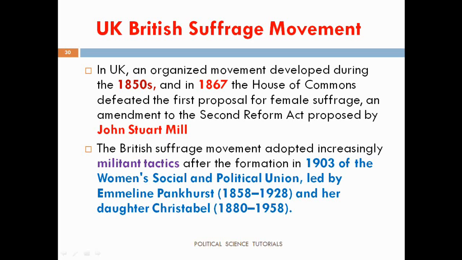After this, the British suffrage movement adopted increasingly militant tactics after the formation in 1903 of the Women's Social and Political Union, led by Emmeline Pankhurst and her daughter Christabel.